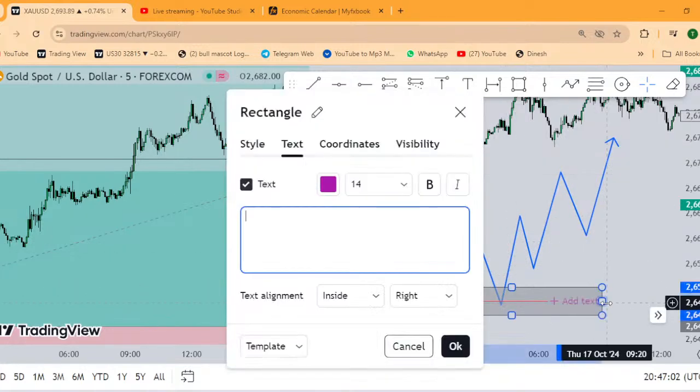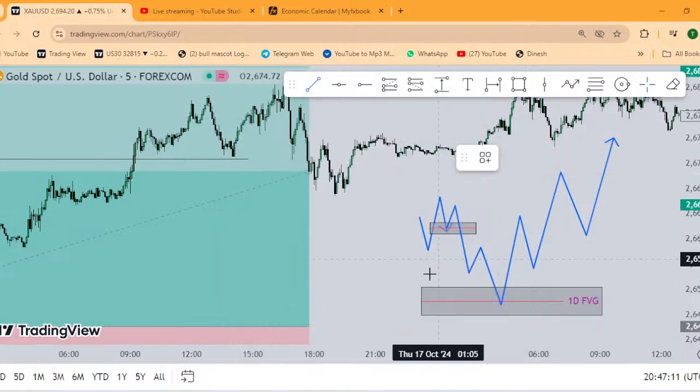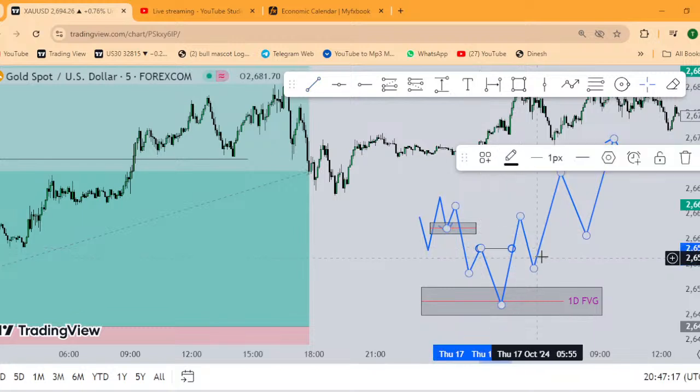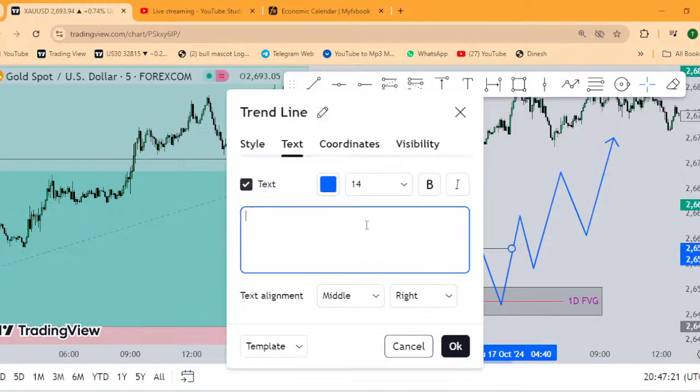So this can be a daily strong zone, a 1-day FVG, and then this is our 1-hour market structure shift. You see how I'm very consistent with time frames here. 1-hour market structure shift.